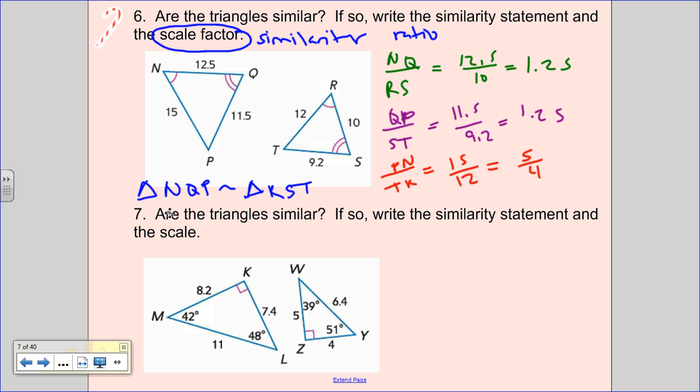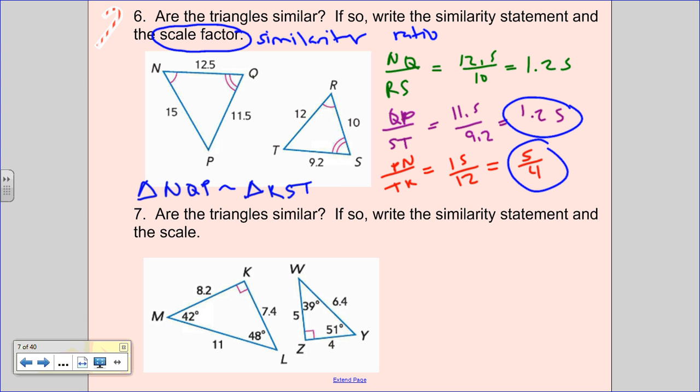And again, order does matter. So if you notice for the NQP, I started where the angle was singular, traveled to the double, and then the one that had nothing. So I did the same thing for RST, and that's how I knew which angles correspond to which ones. And then the scale factor or similarity ratio is 5/4 or 1.25.